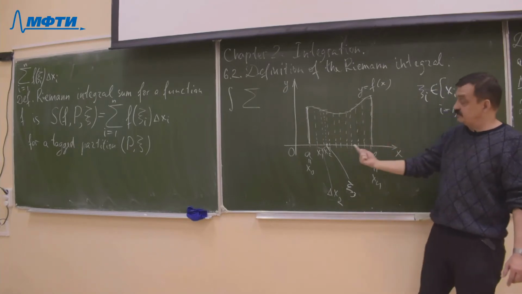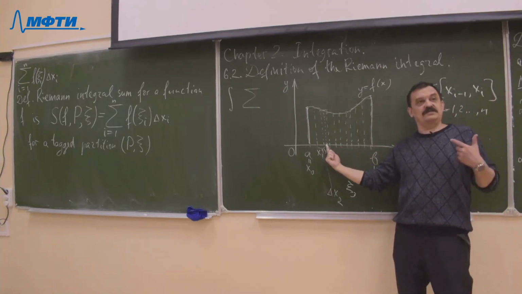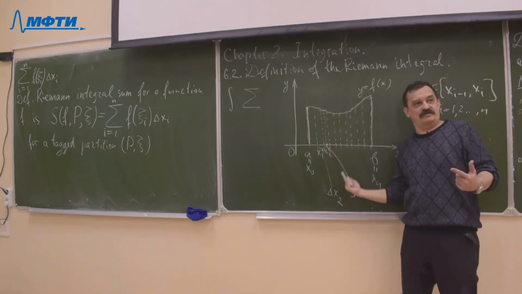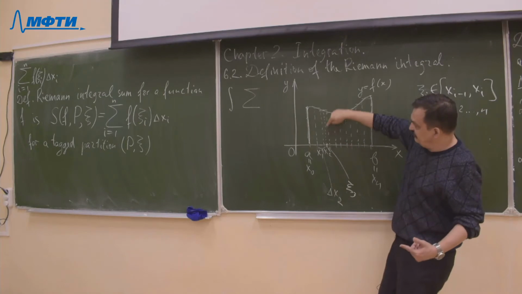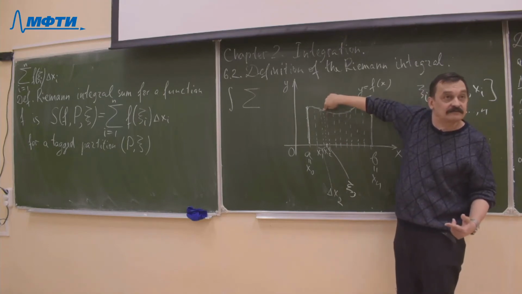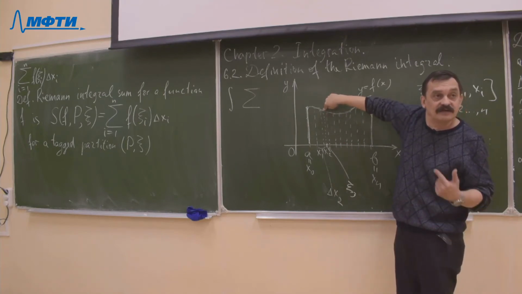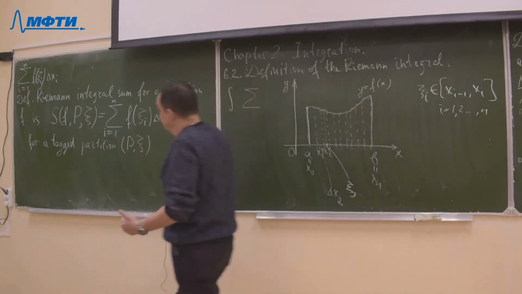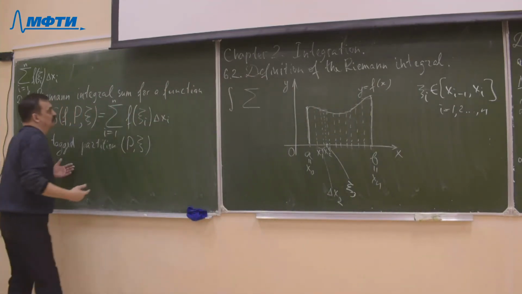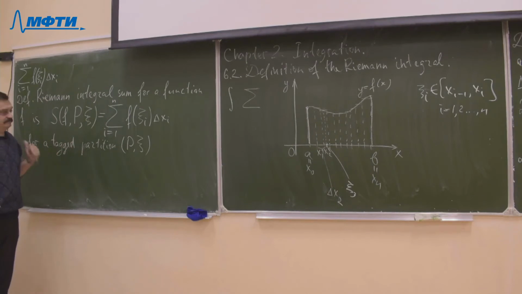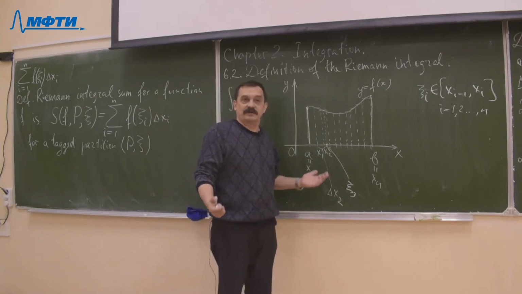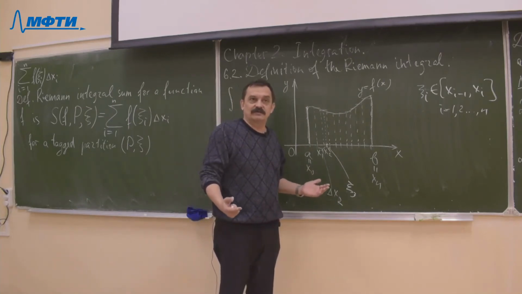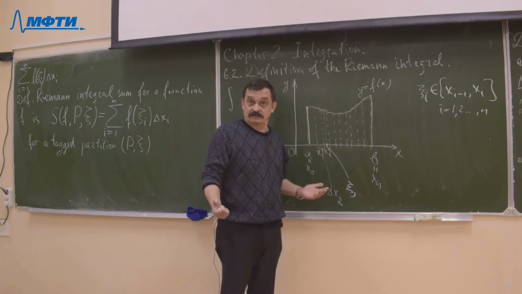And then we choose a point, a distinguished point on each of those bases to determine the height of our rectangle, right? That is the idea. So that is the Riemann integral sum. Now, what is to approximate? It means we need to take a limit, right?